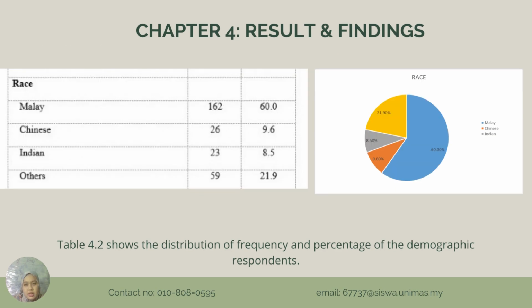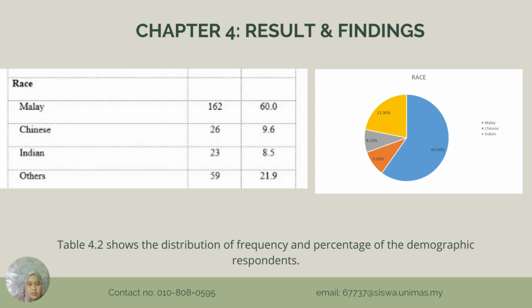For the race, 162 respondents, 60%, are Malay. This is followed by 26 respondents, 9.6%, who are Chinese, 23 respondents, 8.5%, who are Indian, and 59 respondents, 21.9%, who are others. This illustrates that the highest number of respondents are Malay and the lowest are Indian.